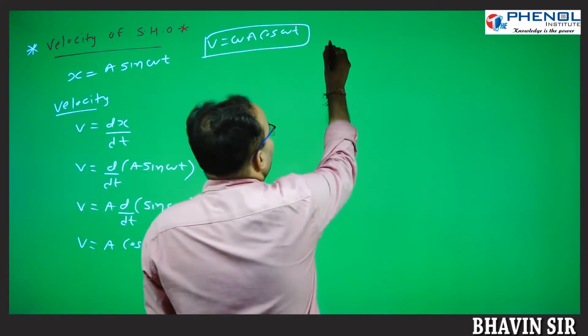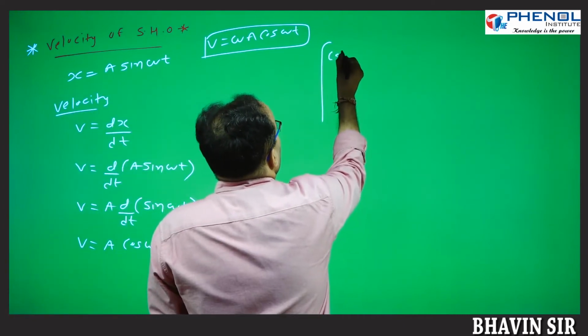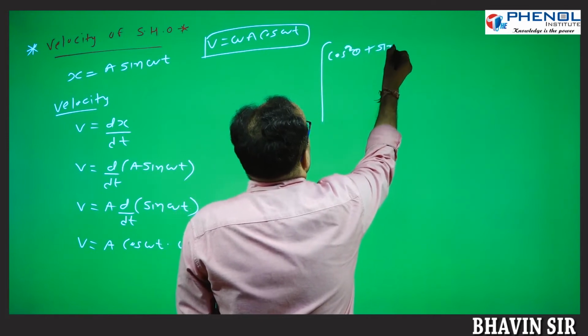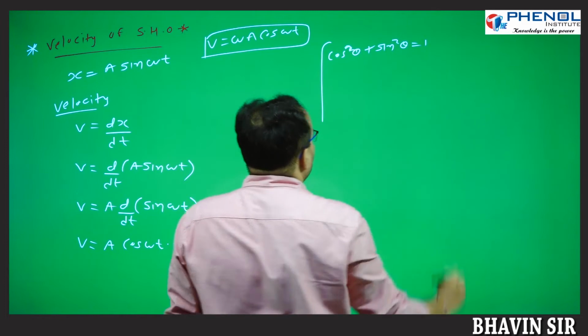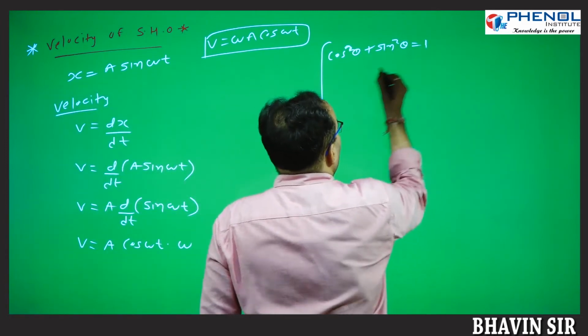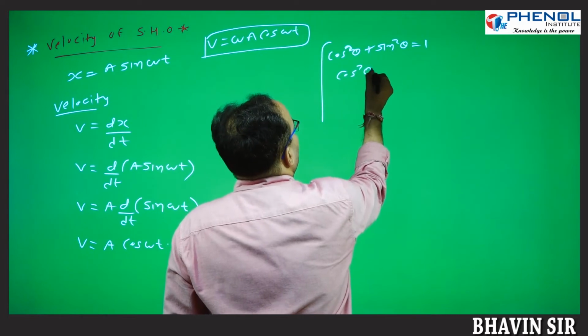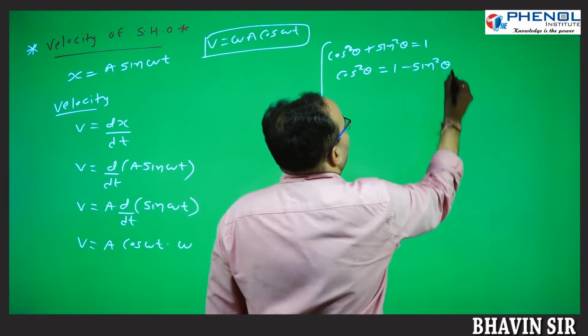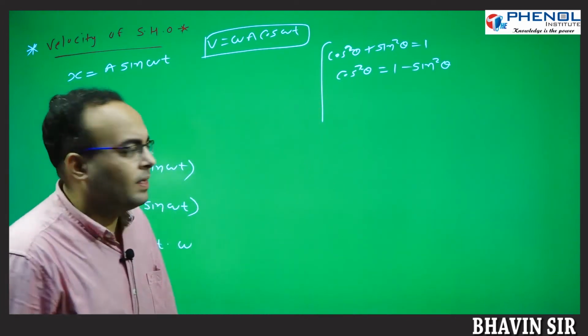Chalo, so we know one relation: cos square theta plus sine square theta equal to 1. So cos square theta is equal to 1 minus sine square theta.